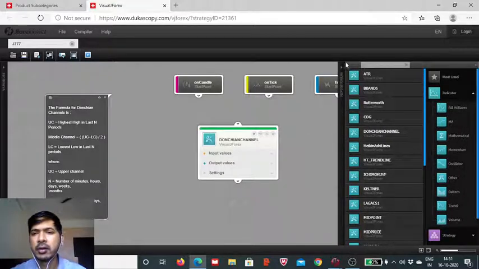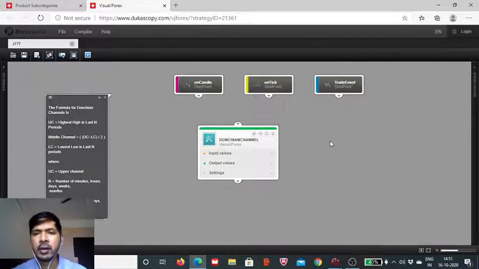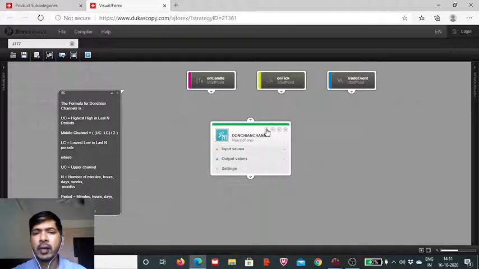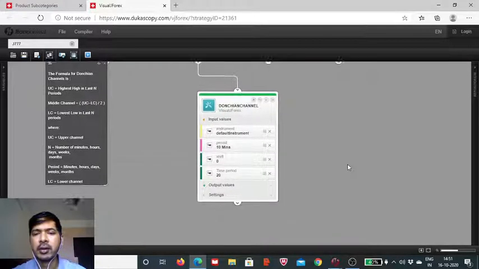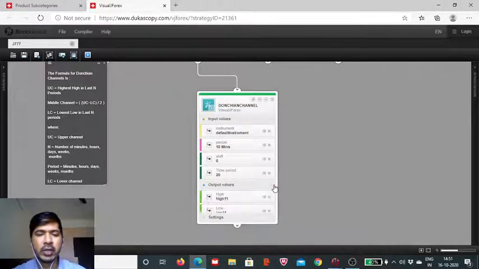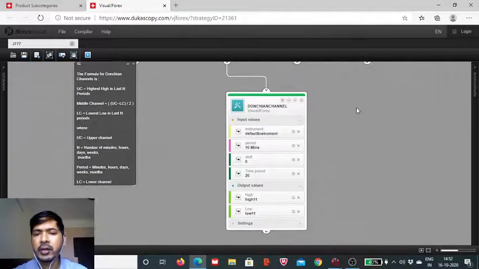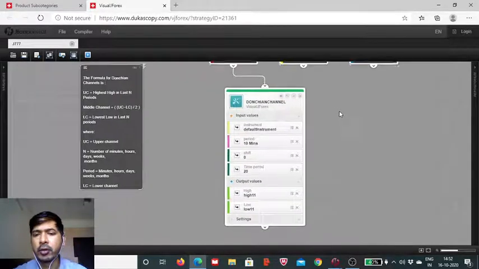Here it is. Now of these three start points, we can utilize any of the start point to initialize the trade setup, to initialize the block.